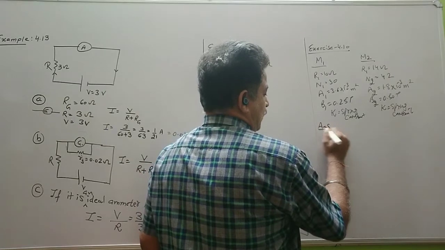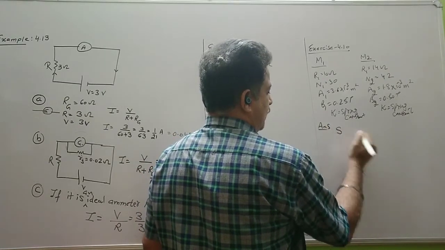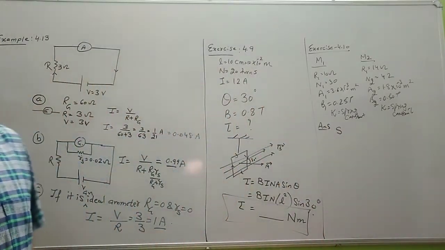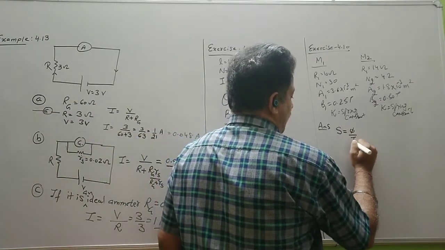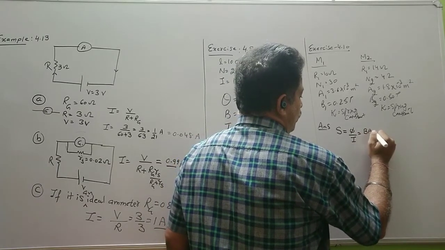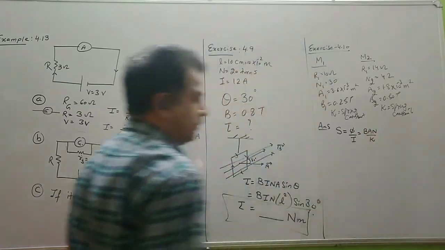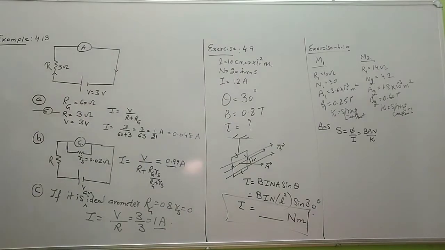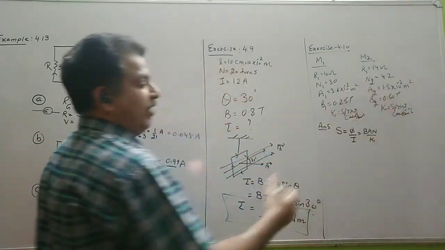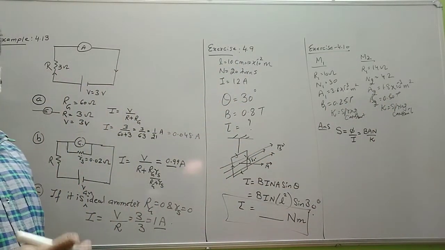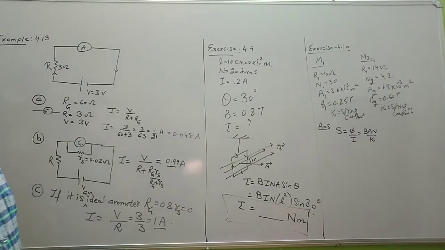We know that the current sensitivity, let us denote it by S, is equal to phi upon I, and that is equal to BAN upon K. So current sensitivity means that a small amount of current passed through the coil produces a large deflection or torque. We name this S.